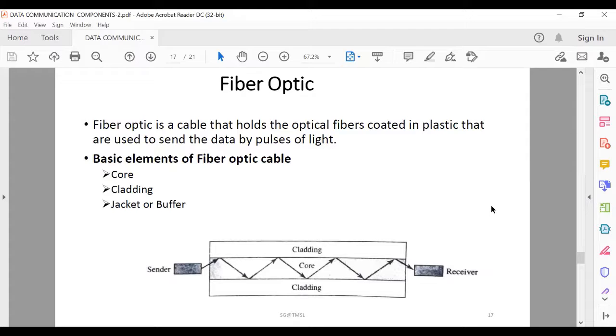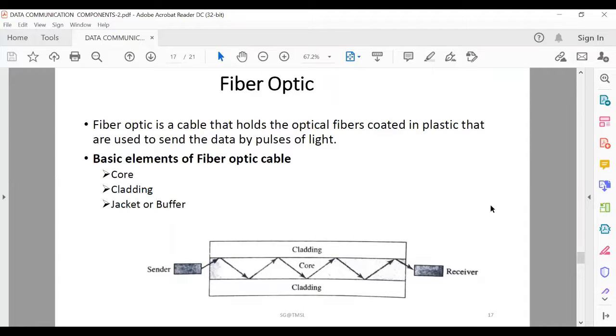The plastic coating protects the optical fibers from heat, from cold, and from electromagnetic interference from other types of wiring. It is a much faster data transmission media than copper wires.